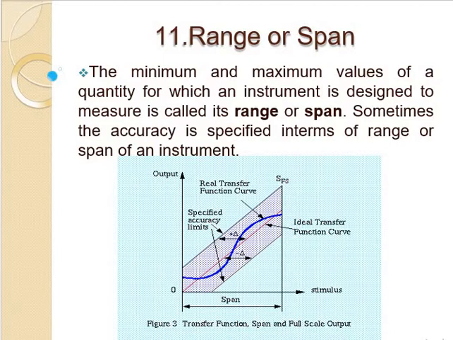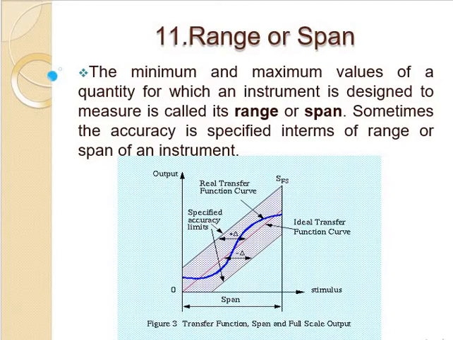Whatever internal changes there are, we don't want them, but the span or range should not change. Sometimes the accuracy may change, but we are not talking about accuracy here. Here we are talking about range only.